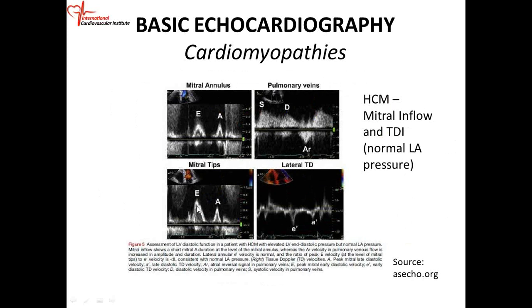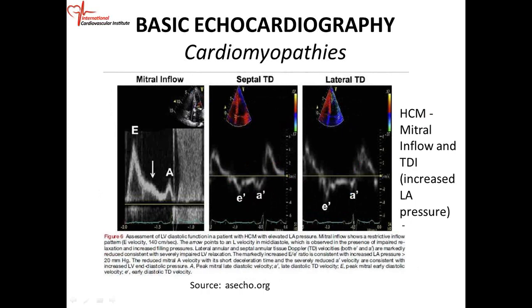So if they have a restrictive pattern, then the E to A ratio is going to be greater than 2, or they may just have a pseudonormal pattern. So you have to do your tissue Doppler velocity to look at your E prime. And you can look at your pulmonary vein, you have systolic component, diastolic component, atrial reversal. These things will help you to grade the diastolic properties.